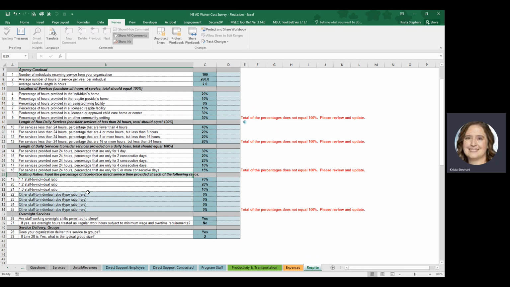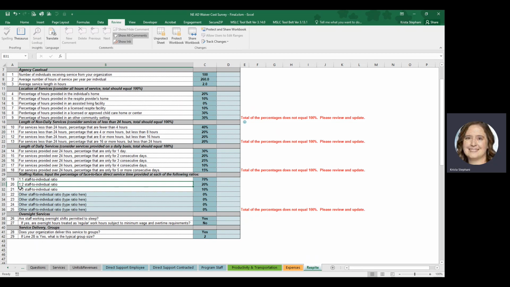Next are some questions related to staffing ratios. What we mean by staffing ratios are, how do you provide this service? Do you provide, and the first number is one direct support professional to the number of individuals or participants. If you're providing this service using one direct support professional for every one individual, you would indicate what percentage of total fits that description.